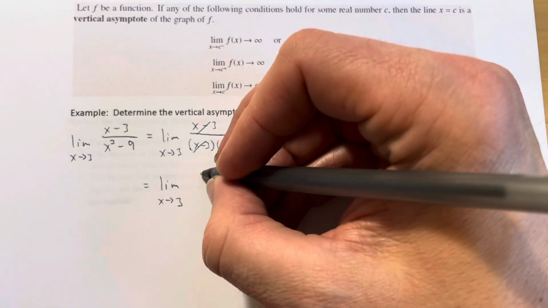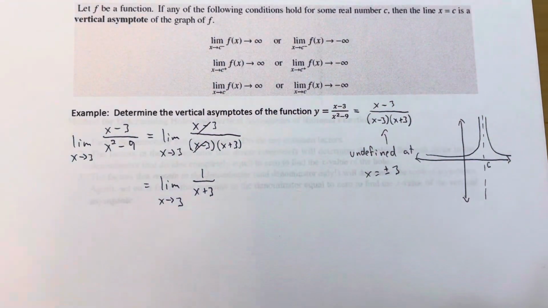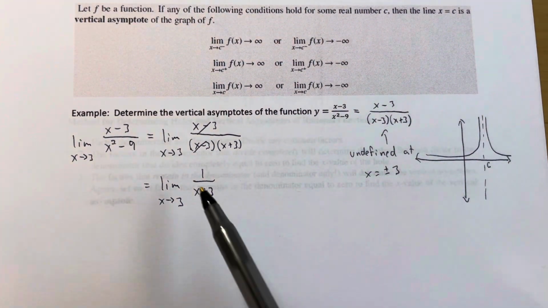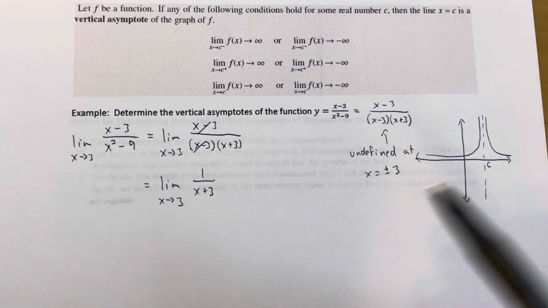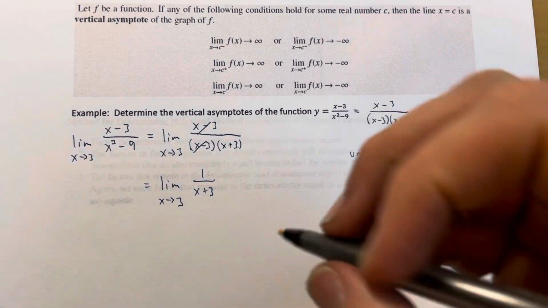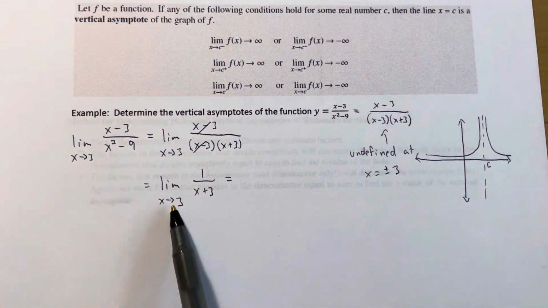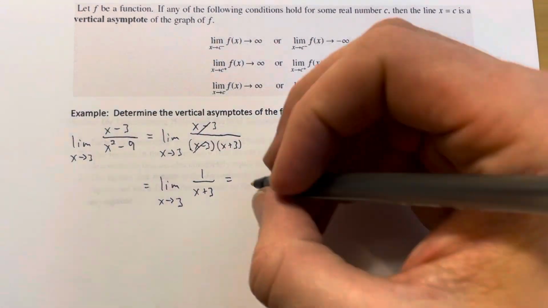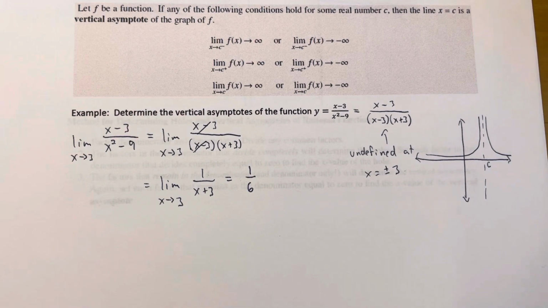And I get 1 over x plus 3 here. All right, so having canceled these out, this limit exists because now I no longer have that 0 over 0 indeterminate form. And my denominator specifically is not going to be 0, so I can use direct substitution. I can plug 3 directly in, and I get 1/6 as a result.